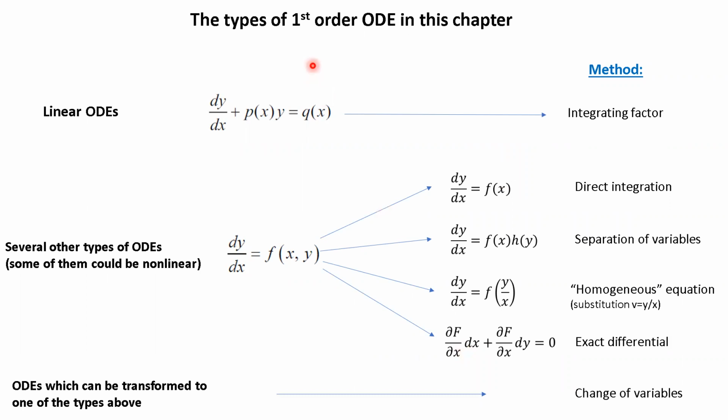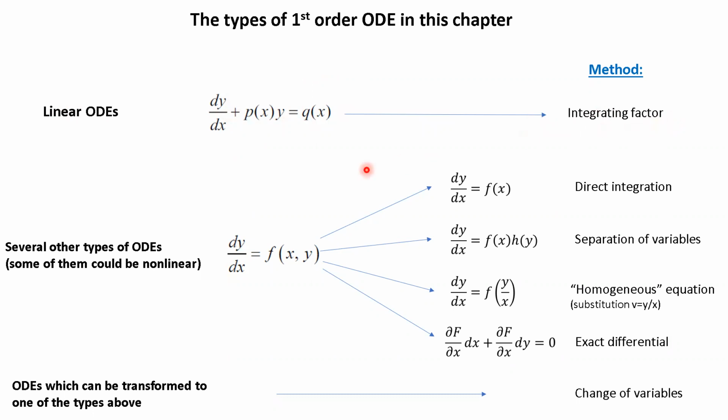In this first part of the chapter, first of all, we are going to consider first order ODE. That means the highest order derivative that we'll see is simply dy/dx. If we just consider linear ODE, it's in this form, and there's a standard method that we'll learn, which is known as the integrating factor, which of course I will talk about.